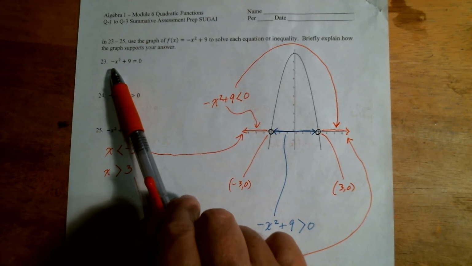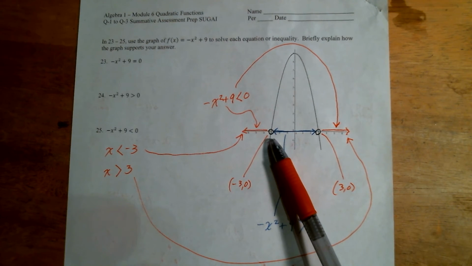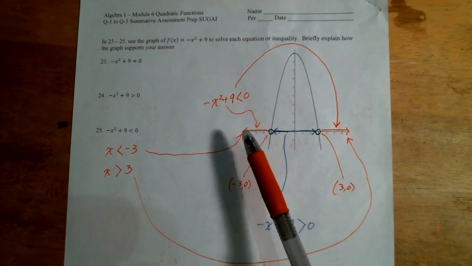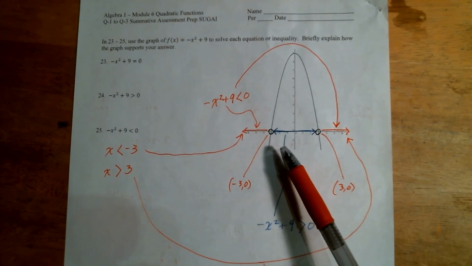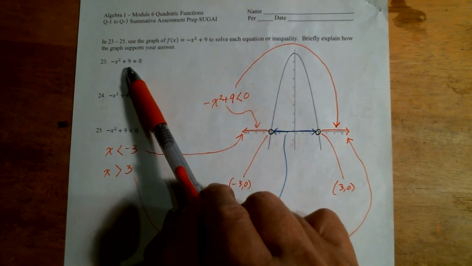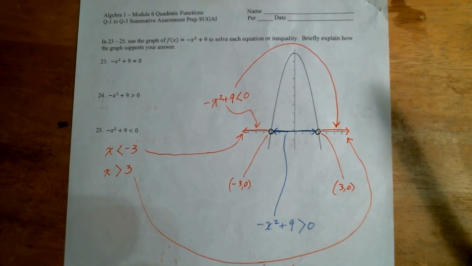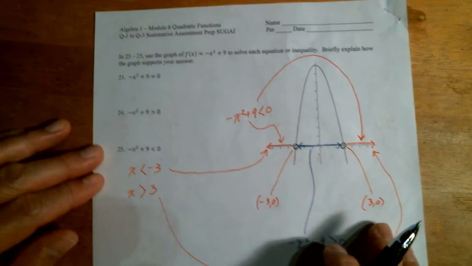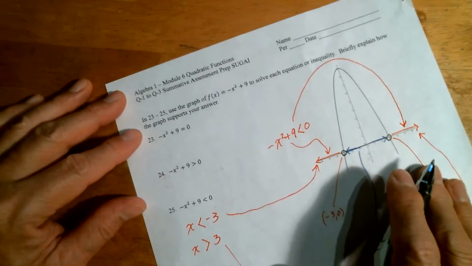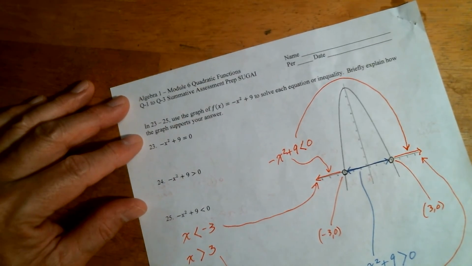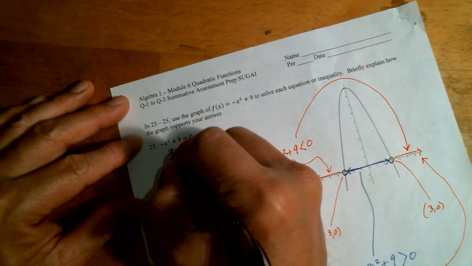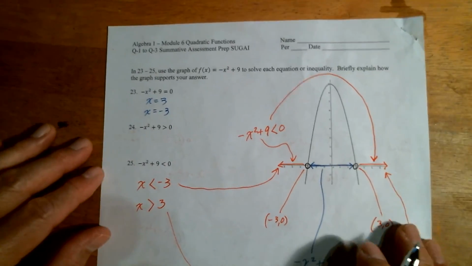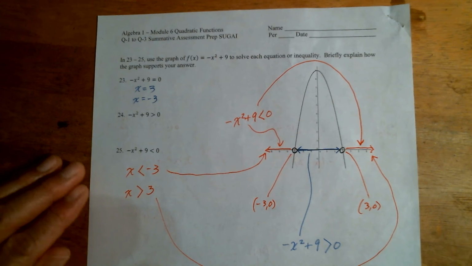And the other one is going to be negative 3, 0. So these 2 points right there, as they cross the x-axis, are going to fulfill this equation right here. So the actual answer is going to be x equals 3, x equals negative 3. Because that's an equation, okay?